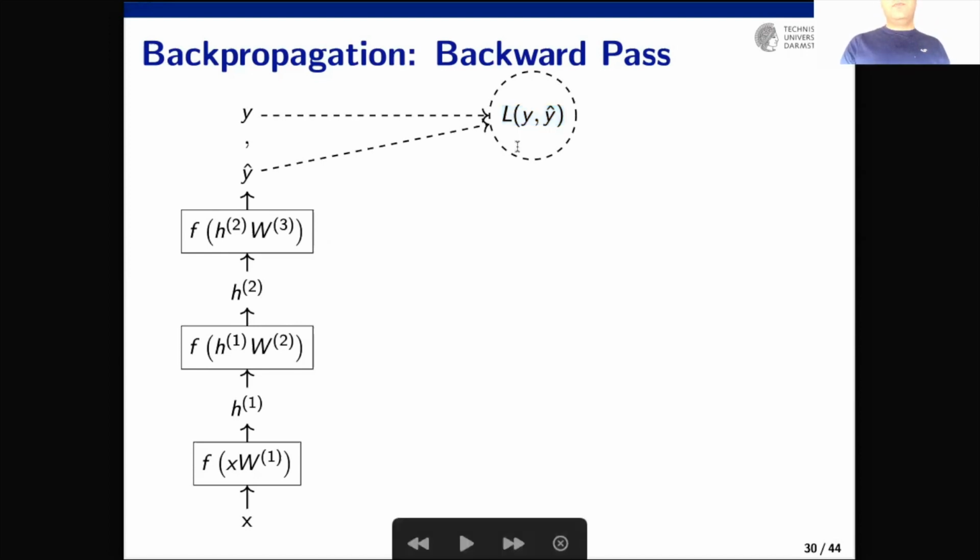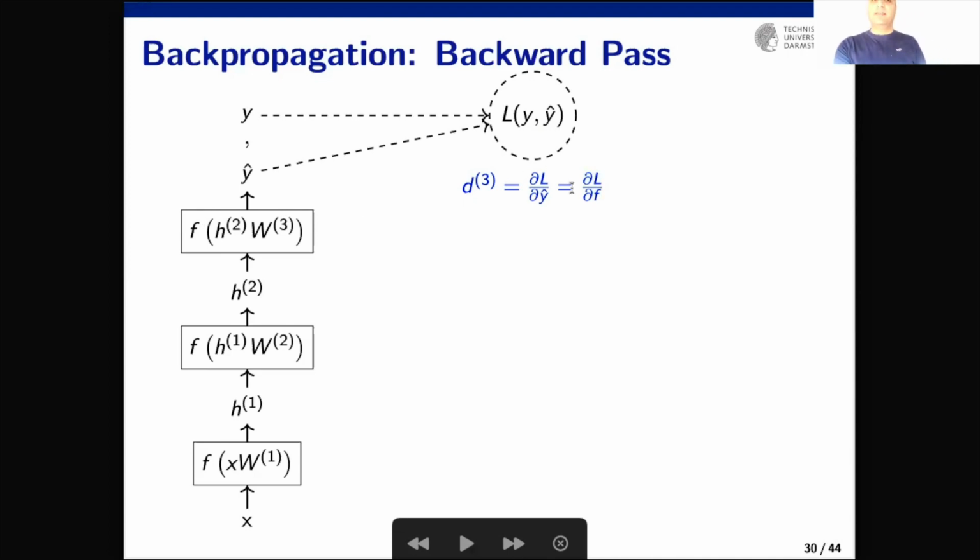So what we can do first is to calculate the derivative of L with respect to y hat, right? We can calculate it because this is a direct function. We don't need any chain rule or anything here. And so it is exactly identical to the gradient of L with respect to f.